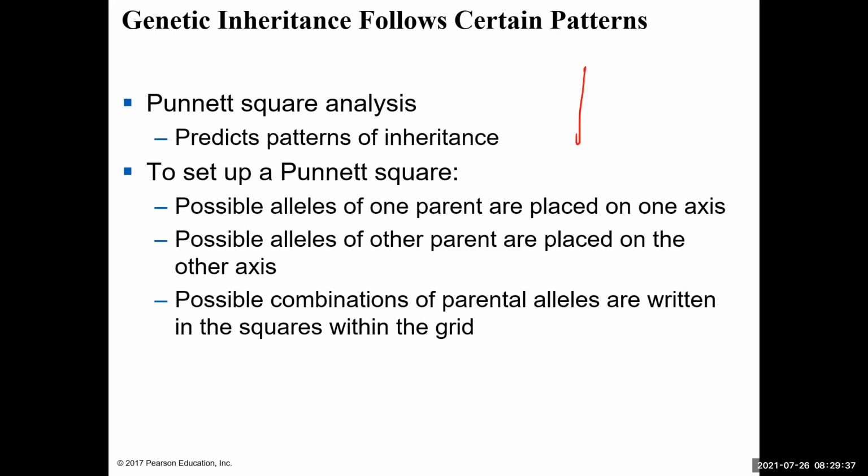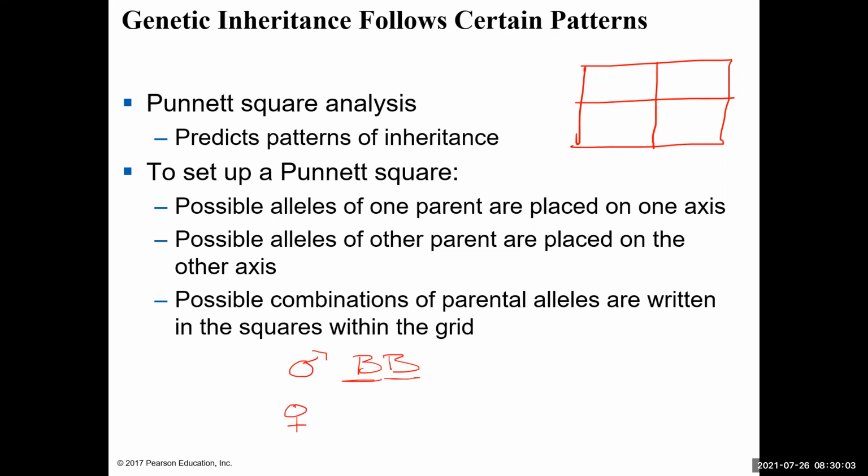So let's say we have a square. We're going to divide it into 4 quadrants. So this is our Punnett square. Let's say we have a male that has brown hair and he is homozygous dominant for brown hair, so he has 2 uppercase or dominant alleles.